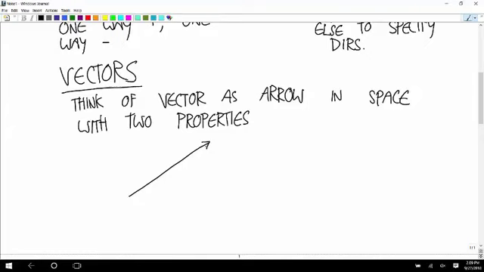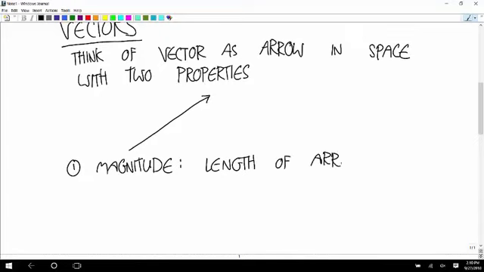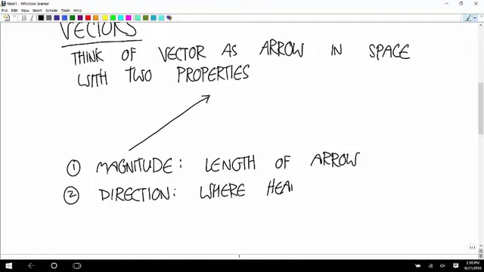And the two properties that this vector has are magnitude, that's the length of the arrow, and the second one is direction. That's the way the arrow is pointing, where the head of the arrow points.